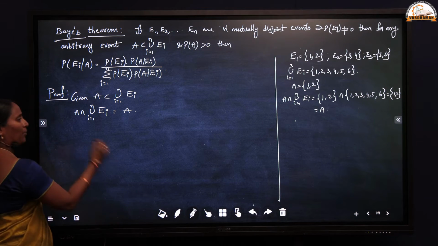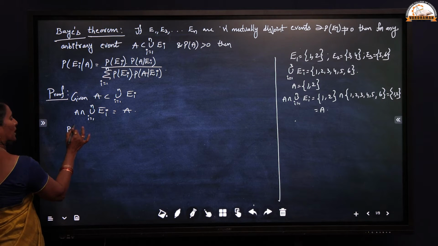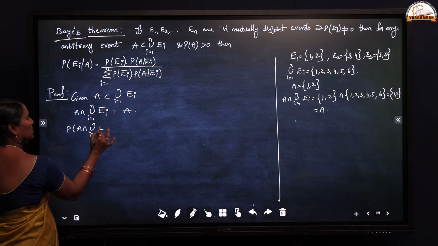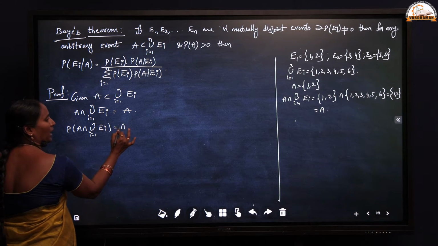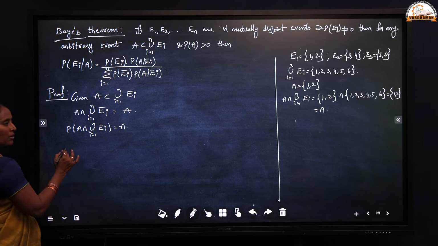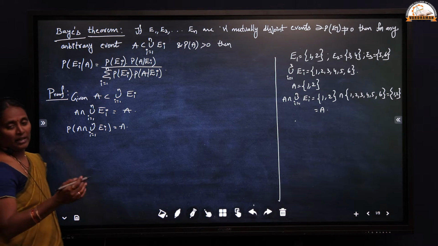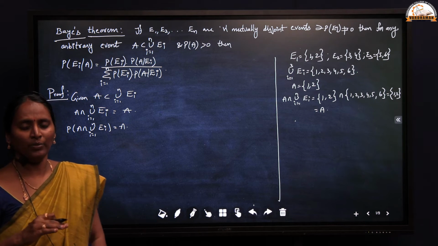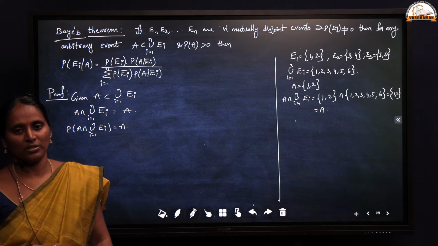Now apply probabilities on both sides. The probability of A intersection the union of Ei for i equals 1 to n is equal to the probability of A. We know the three axioms of probability, and I am reminding you one more time. P of A is greater than or equal to 0.